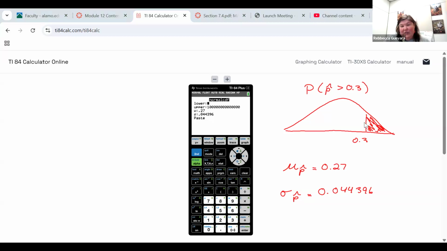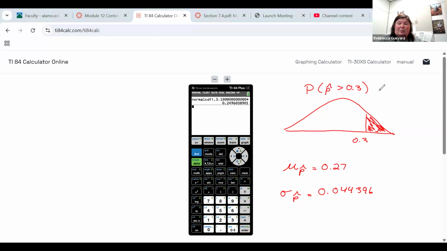So remember, this area is what we're looking at. So we have to do the lower bound of the area. In the lower end, it's bounded by 0.3. At the upper end, this is technically going to infinity, so we just do 1 followed by several zeros, going out towards infinity. The mean of the distribution is 0.27. The standard deviation is 0.044396. We hit paste.